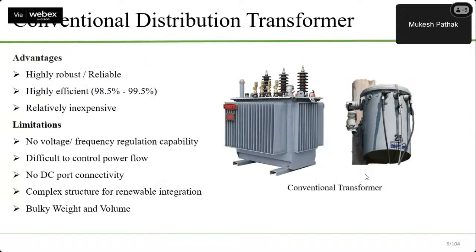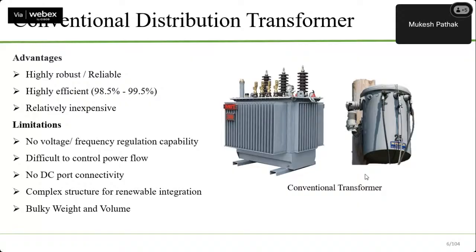So if we compare the solid state transformer with the conventional transformer, the conventional transformer is robust, reliable, very high efficiency, and inexpensive because it has nothing more than the core, winding, cooling system, enclosure, and a certain amount of very primitive protection.